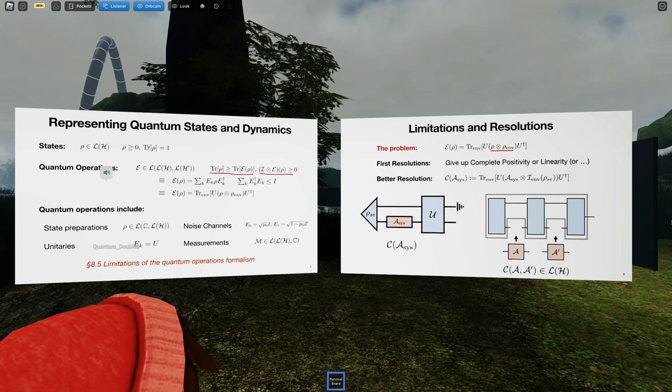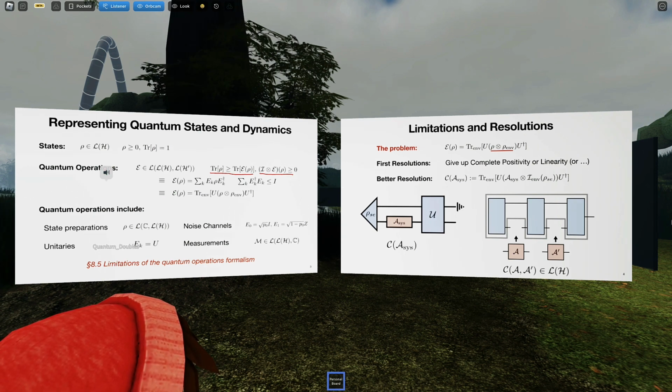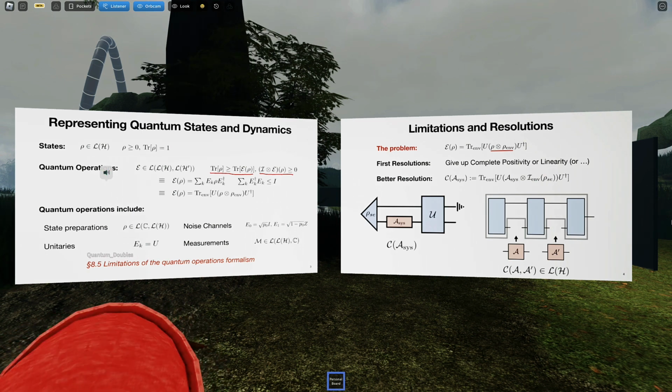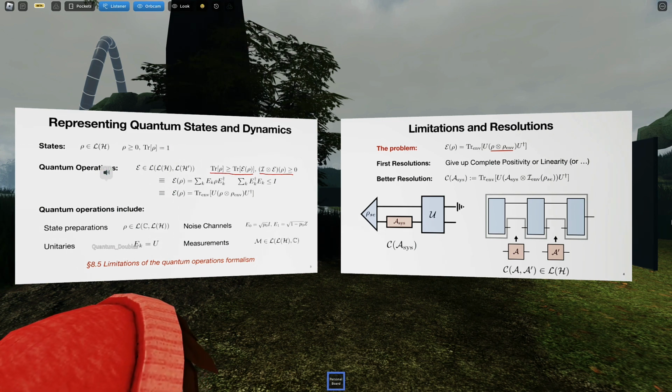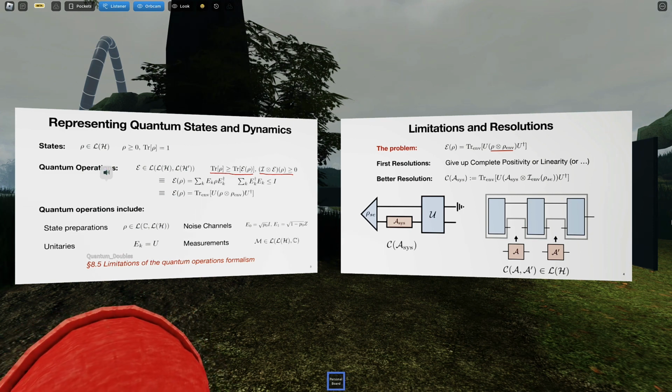Within this textbook, there are a couple of different ways of representing these quantum operations. The first definition is this top line. The second equivalent definition is this next one, where we represent it with these specific operators E_k that satisfy some conditions, or we can represent it on this third line as the trace over some other system, with some unitaries involved.